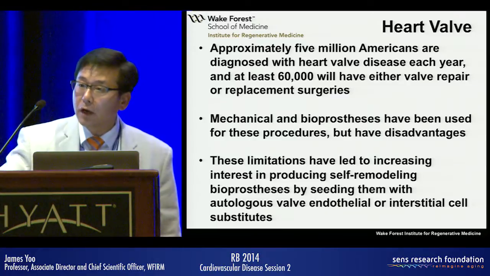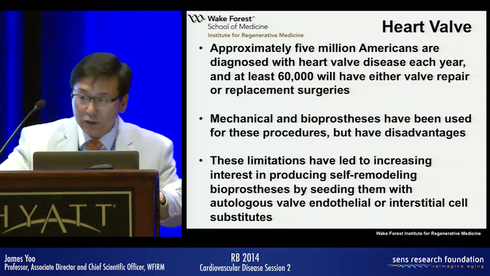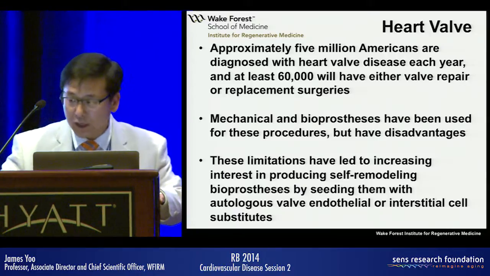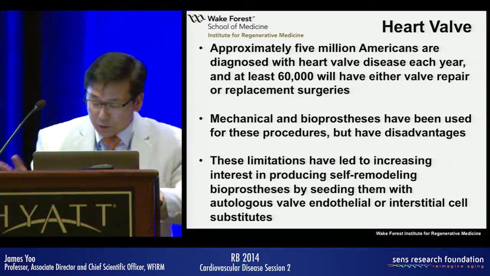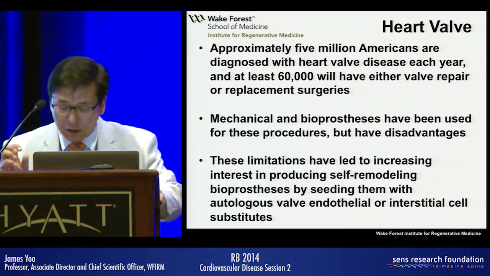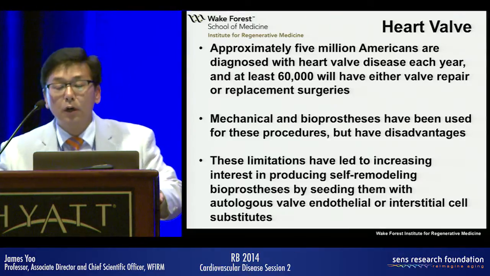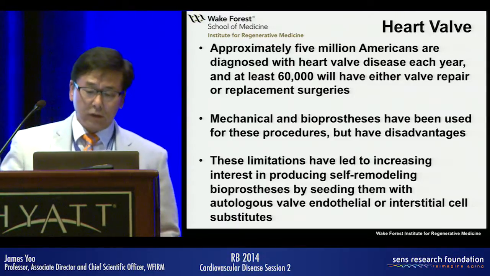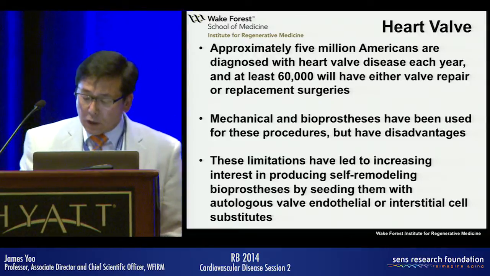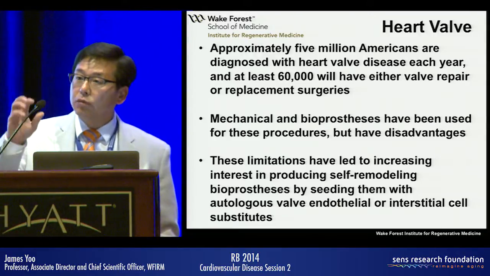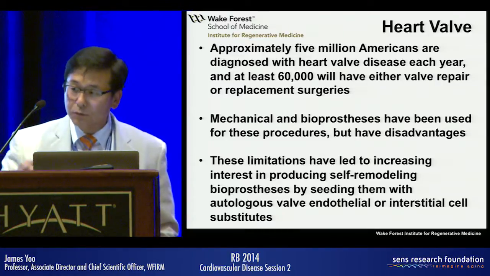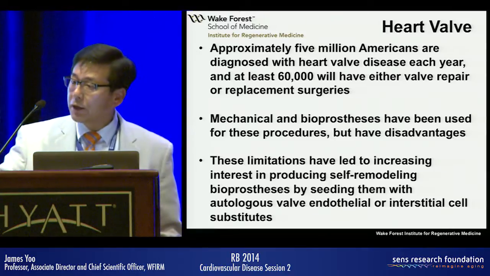They do work, but there are advantages and disadvantages, and eventually you will have to replace them periodically, about every 10 years. There's a limitation with the currently available therapies, either mechanical or biological.